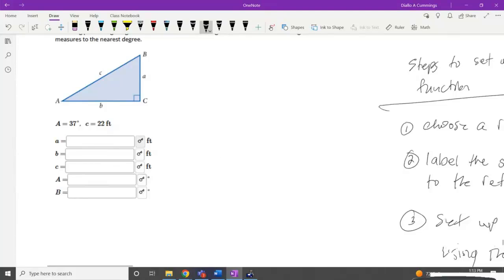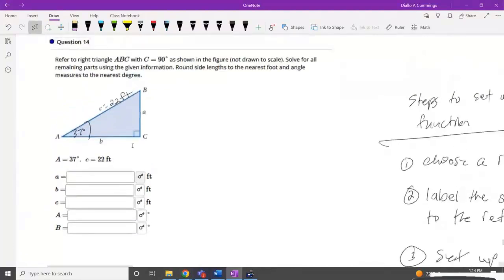So it says that A is 37 degrees, so I'm just going to jot a 37 for angle A. C is equal to 22 feet. Sometimes they'll give you the measurements within the triangle. Other times they'll just give you the triangle and list out the measurements separately. So here I'm taking those dimensions that were given and plugging them into the triangle.